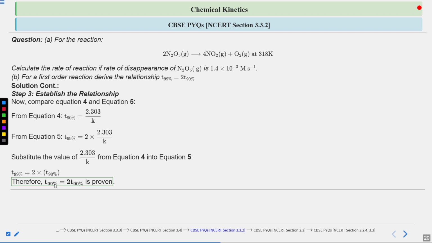Therefore, t of 99% equals twice of t of 90% is proven. That's what we have to prove, right? That's what is given in the question, and that's how you have to derive this. So this is the step by step explanation. The same you have to follow while answering in the CBSE examinations.